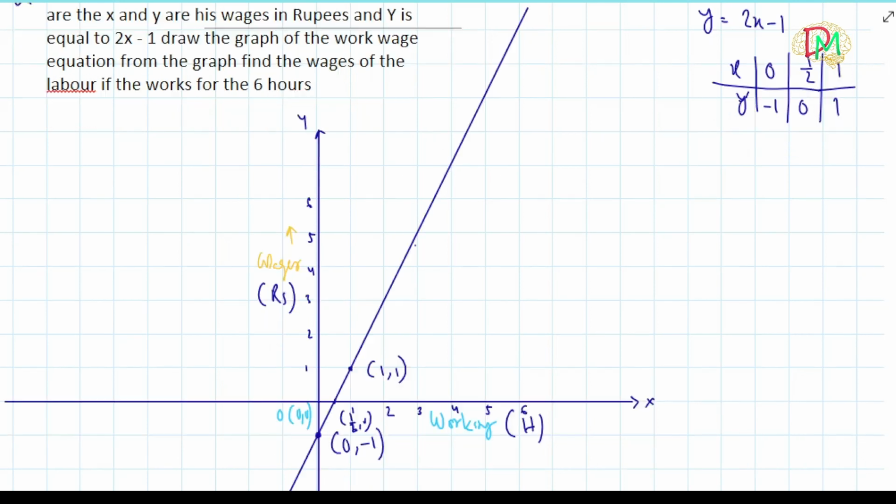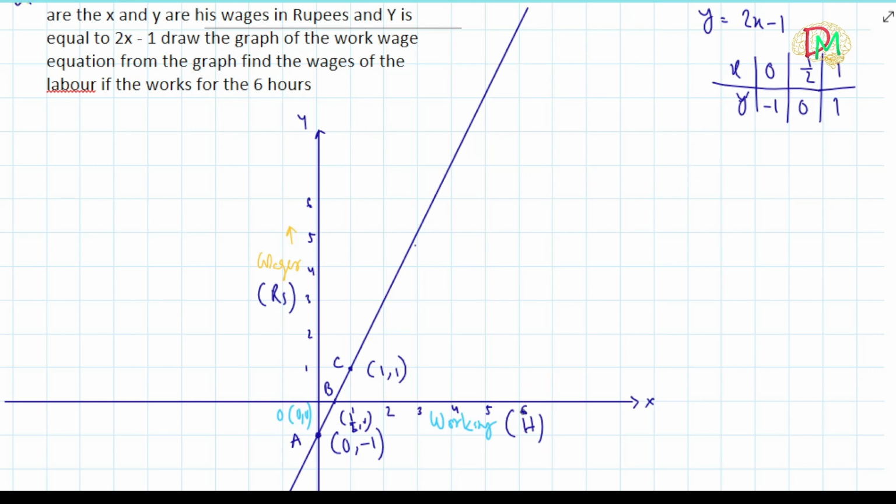So we get the line by connecting A, B and C. This is the graph of working hours and wage. Then we have to find what will be the wage of the labor for 6 hours.